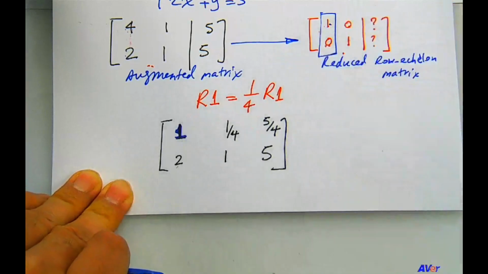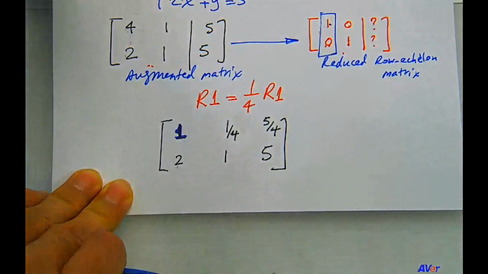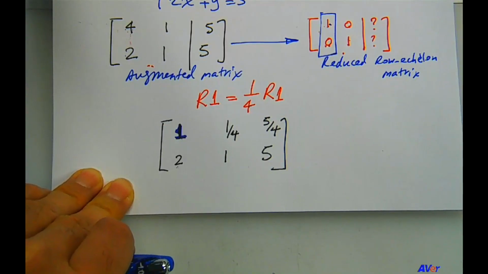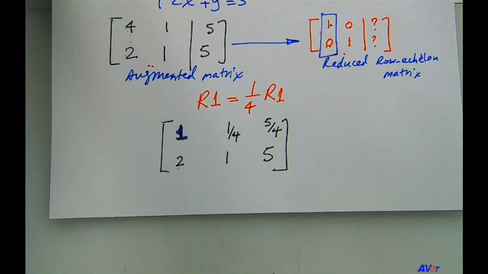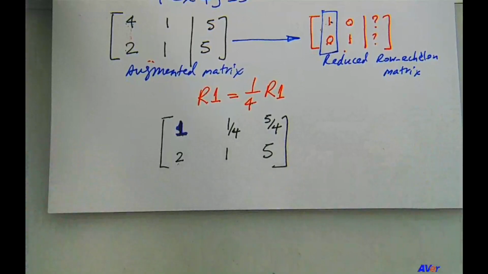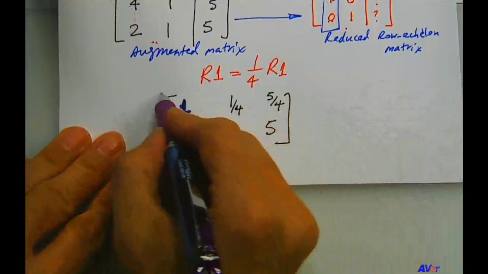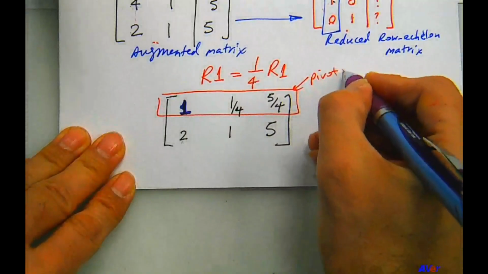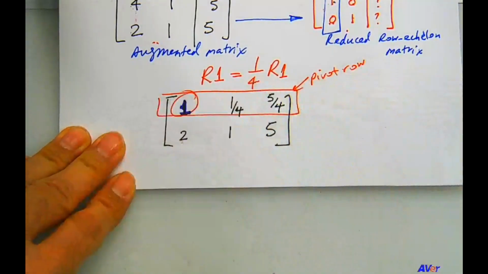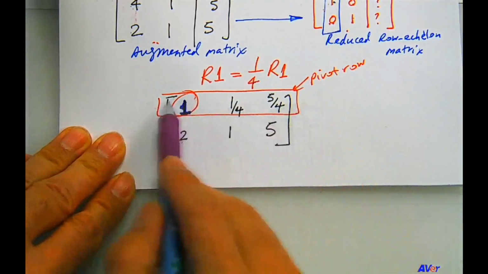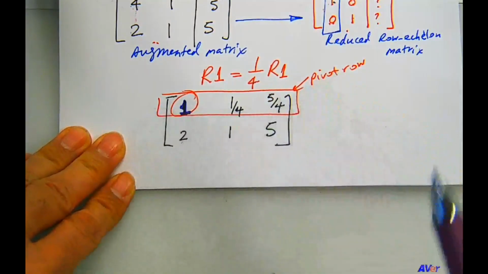Because you're going to need to use the pivot row to obtain the 0 in the other spots in the same column. You have to use the pivot row in this method. So row 1 is the pivot row, because we just got the 1 for it. The 1 in that column is in the first row, so that makes this row the pivot row.